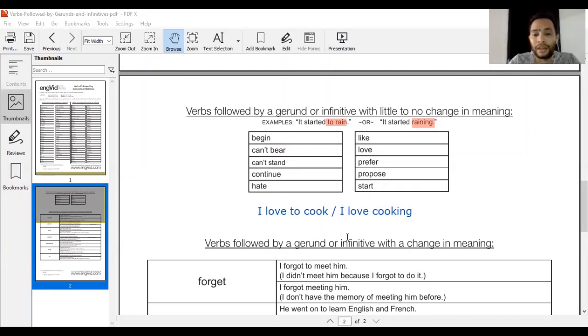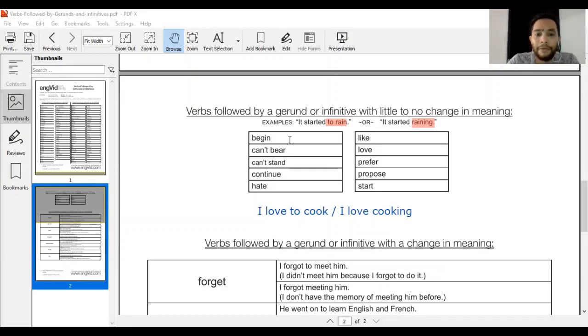Me encanta cocinar. No importa cómo lo quieran usar, con infinitivo o con gerundio, ing, el significado va a ser el mismo. Pero nuevamente repito, este patrón diferente a los que ya hemos visto, de que se puede usar o con uno o con el otro, simplemente pasa con estos verbos aquí.